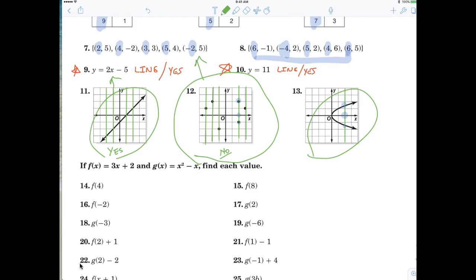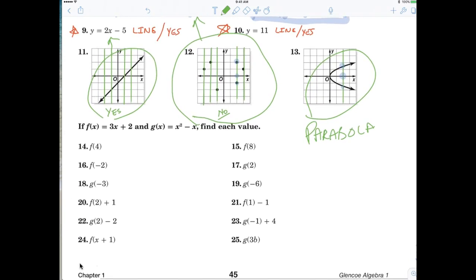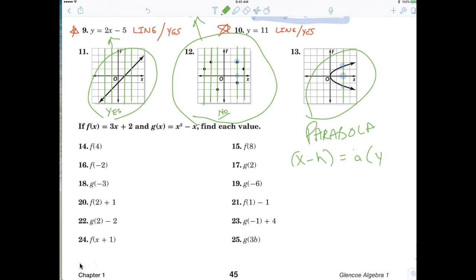This is called a line. This, number 13, is called a parabola. When you take Algebra 2, you will know that that's x minus h is equal to a times y minus k squared.